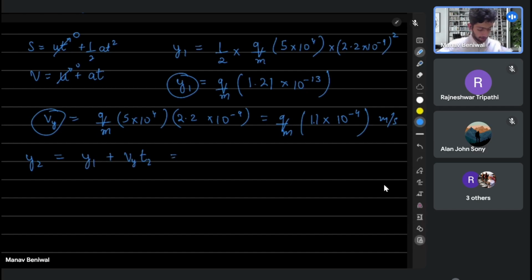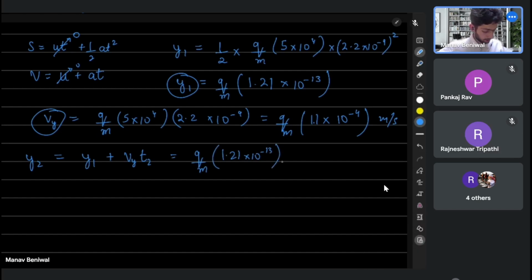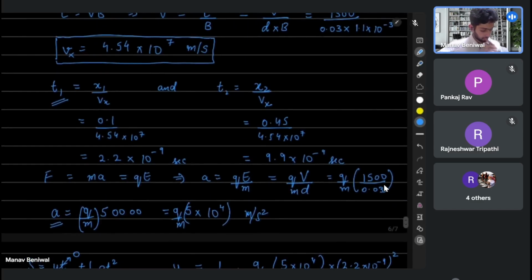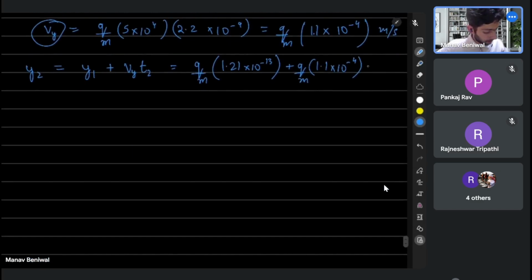So this will be q over m 1.21 into 10 to the power minus 13 plus q over m 1.1 into 10 to the power minus 4 multiplied by t2. And where is our t2? Here it is, 9.9 into 10 to the power minus 9.